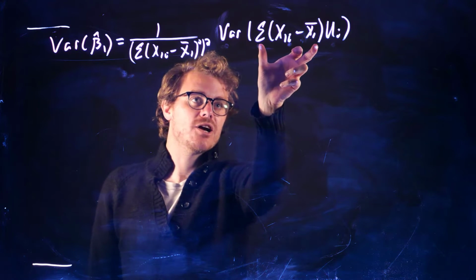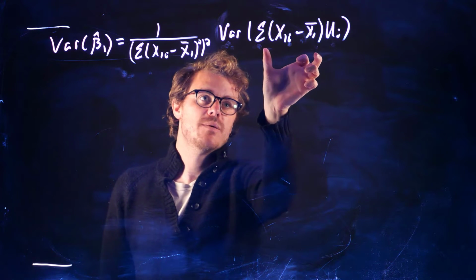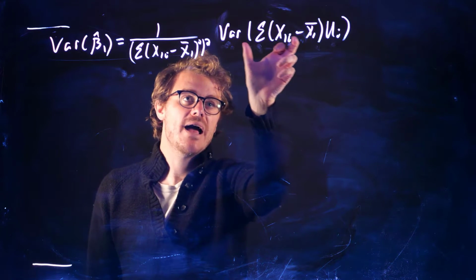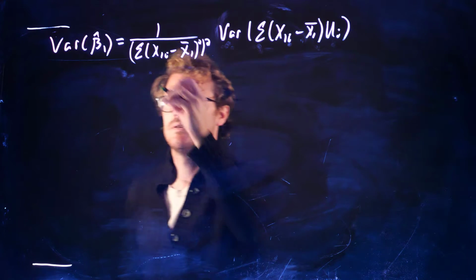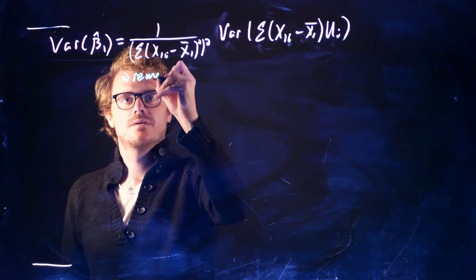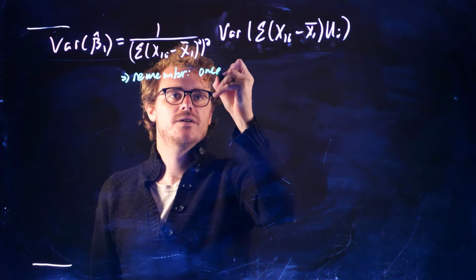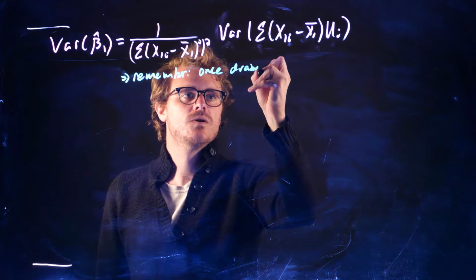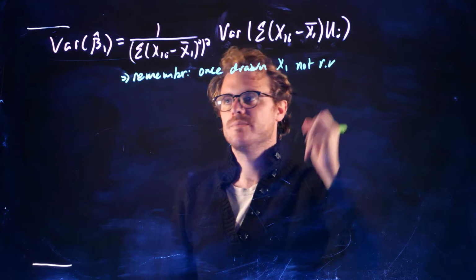So this is like a constant within this whole variance term. So remember, we're going to bring this term out and square it when we bring the variance through. So that's the first thing. Once drawn, x1 is not a random variable.